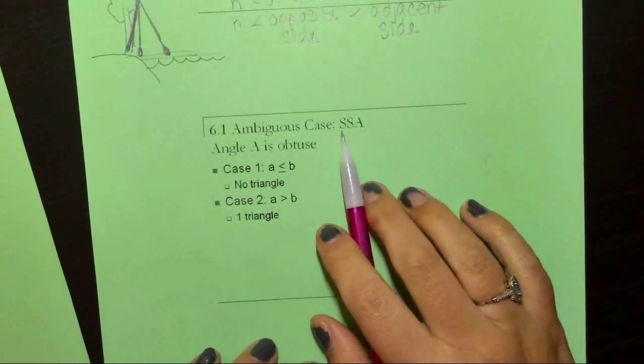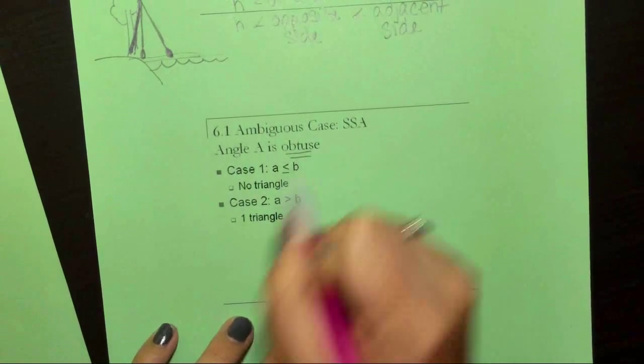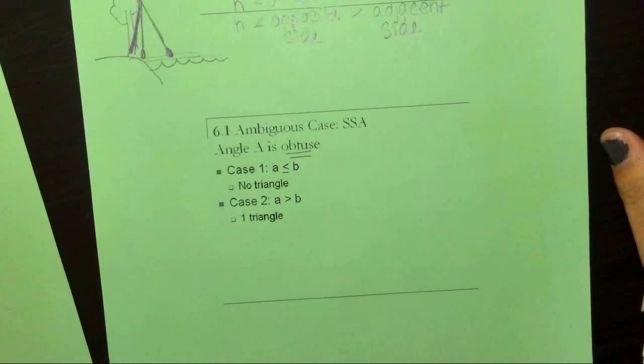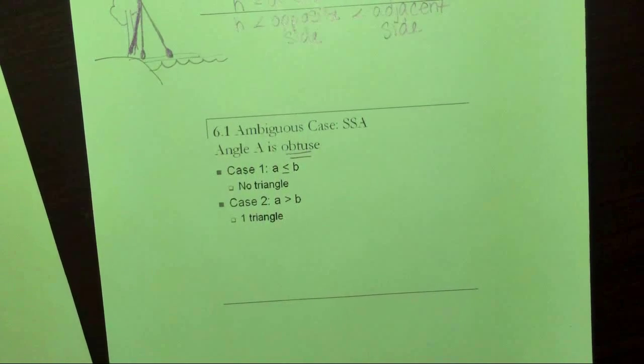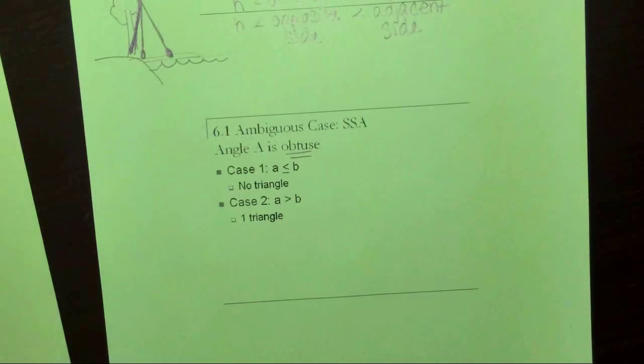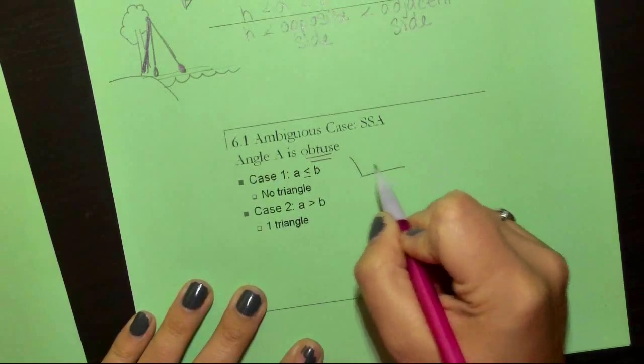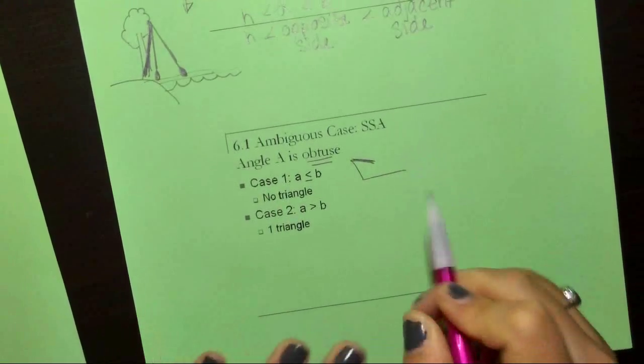There's something else that happens when you have side-side-angle and the angle that's given to you is obtuse. Case number 1 would be no triangle, and that would look something like this. You would have an obtuse angle and a side over here.